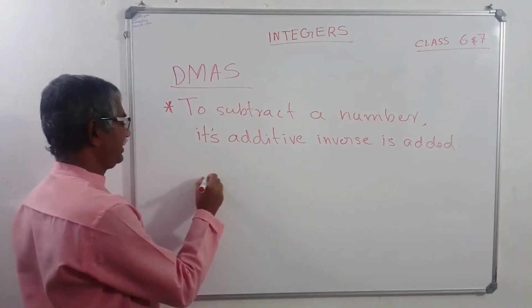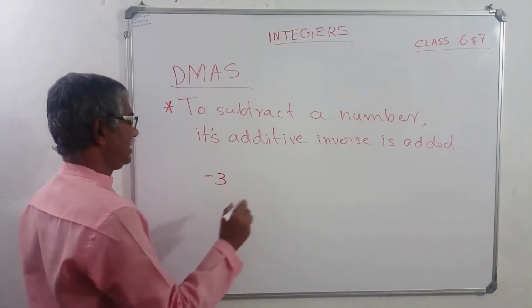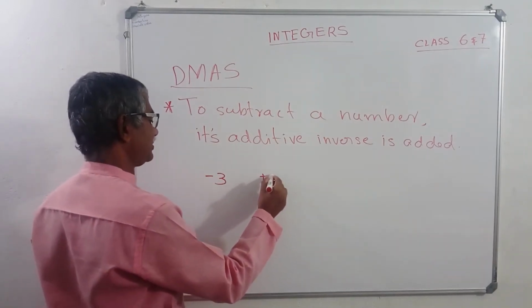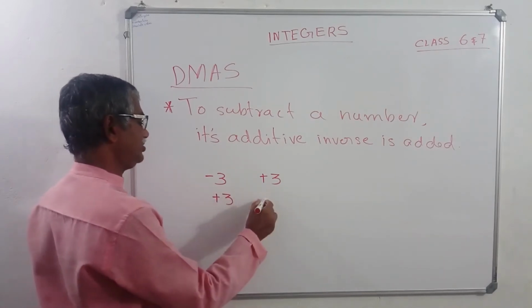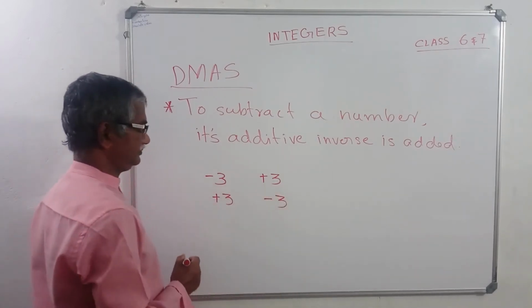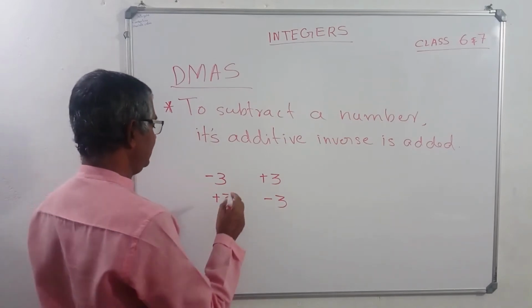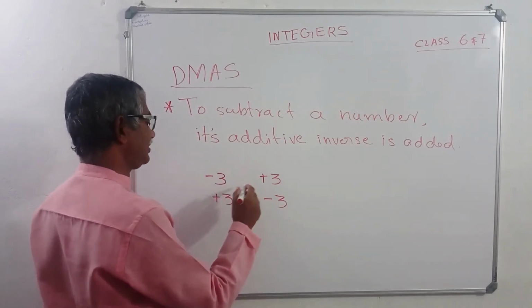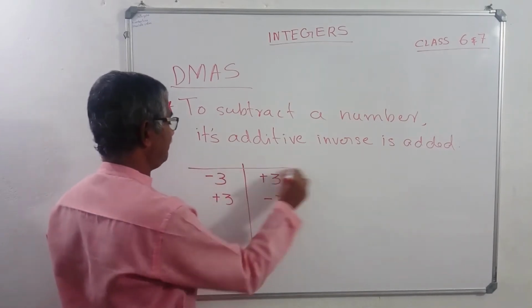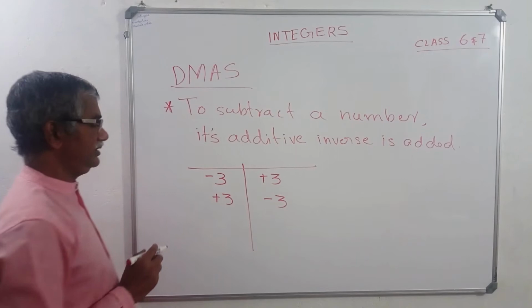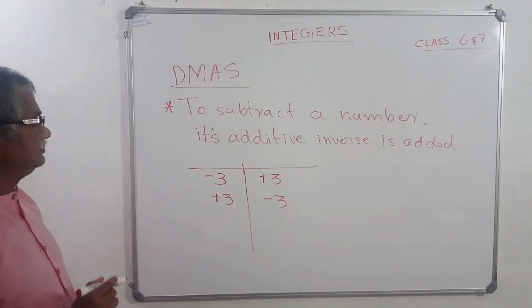Think of a number, negative 3. Its additive inverse is positive. Consider positive 3. Its additive inverse is negative. That means if you add them together, the value will be 0. The sum of a number and its additive inverse is 0.